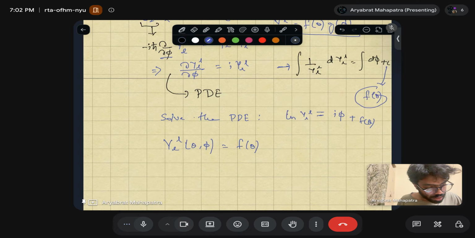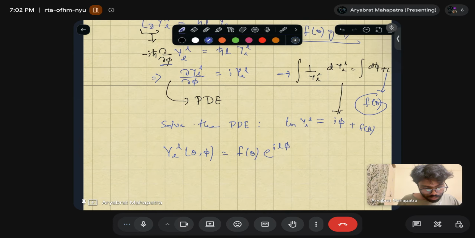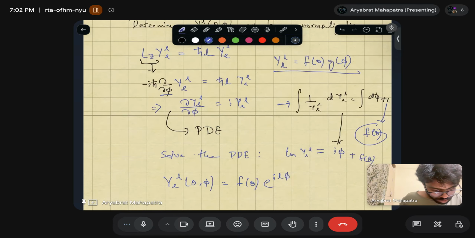Yeah, so this is what you will get. Then I can write the solution to be of this form: f of theta times exponential i l phi. There is one more thing I missed here, the l.